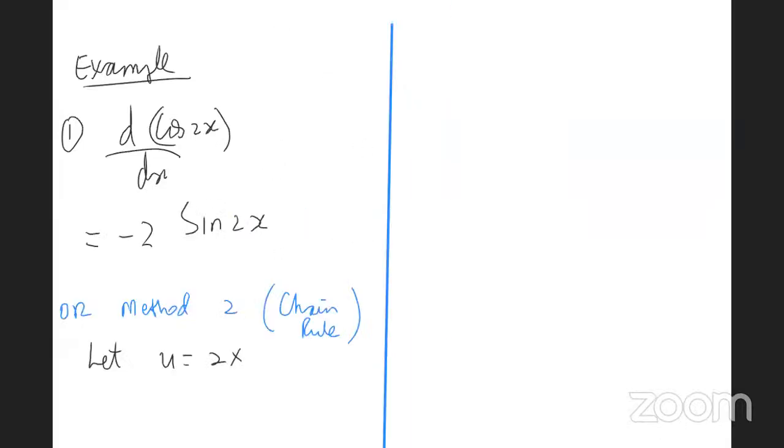We can let u equal 2x, and then you use chain rule. That's what I showed you all last week, right? So we'll end up with du/dx equal to 2. y is equal to cos u. So dy/du is, what's the differential of that?